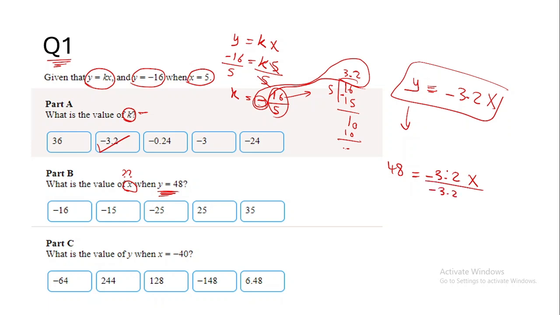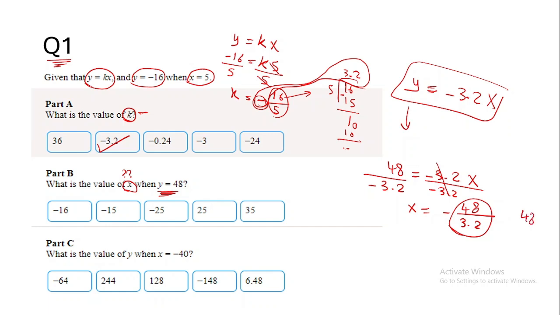And as we divide by -3.2 on this side, we have to do it on the other side also. So x would be equal to -48 by 3.2.